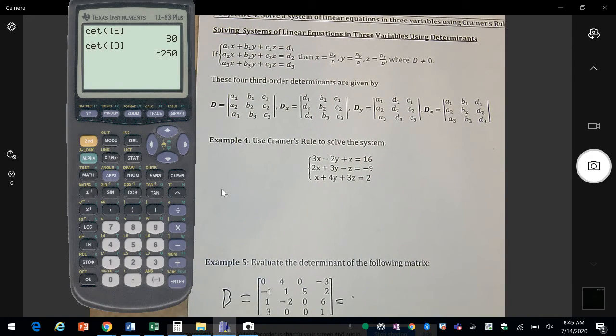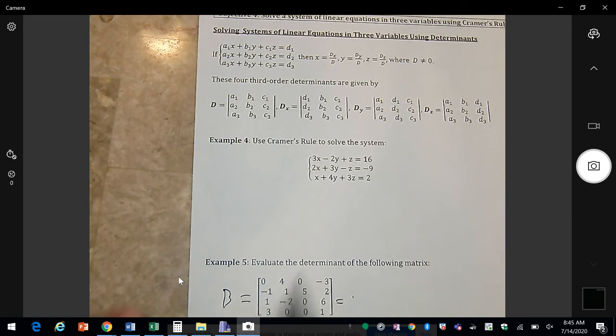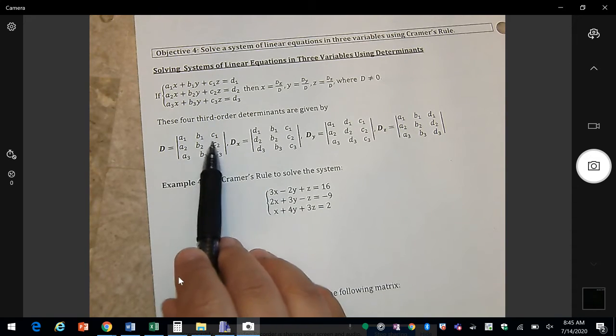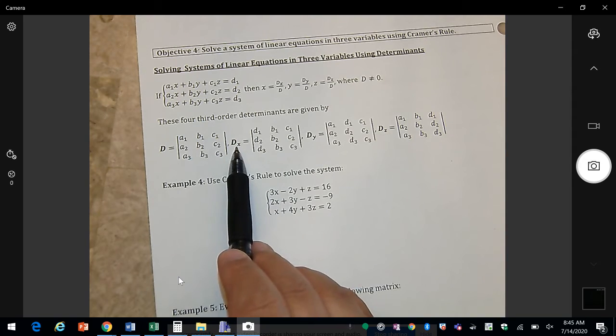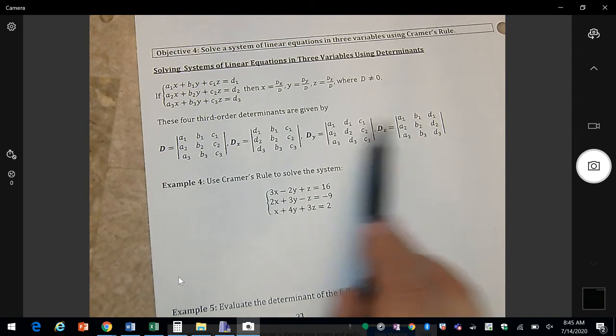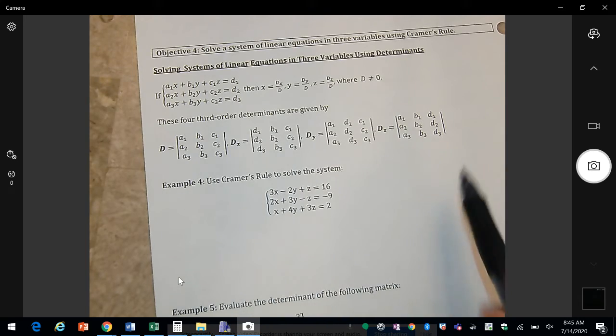So for this next example, example 4, it says use Cramer's rule. So again, to solve the system, we need the determinant of the coefficients, the determinant of dx, dy, and dz. And these are the numbers that are represented by each of these matrices.